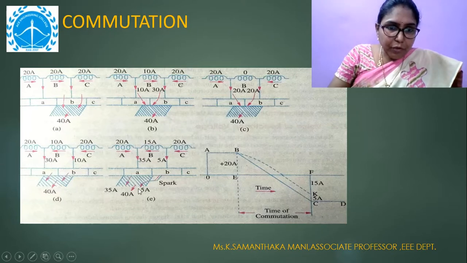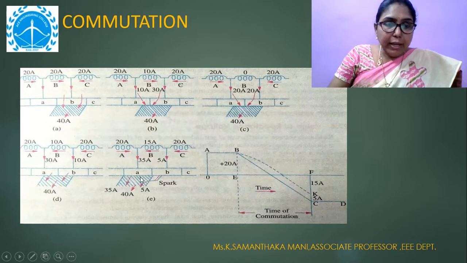So what is the total current that is required for the brush here? 40 amperes is required, but how much is being supplied here? 20 plus 15, so together it is supplying 35 amperes. But at any cost, the brush has to be supplied with a total of 40 amperes. So what is left out? 5 amperes is required by the brush. So that 5 amperes is being supplied by coil C through the segment B in the form of a spark.